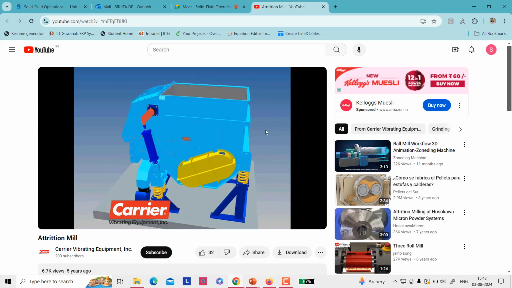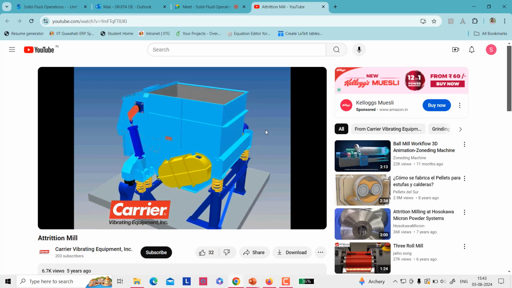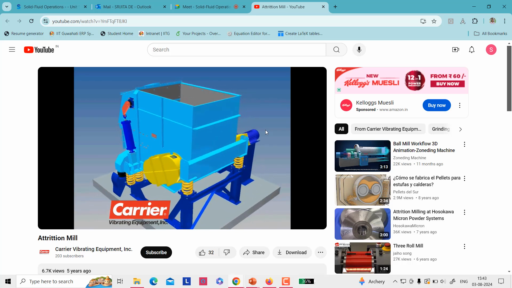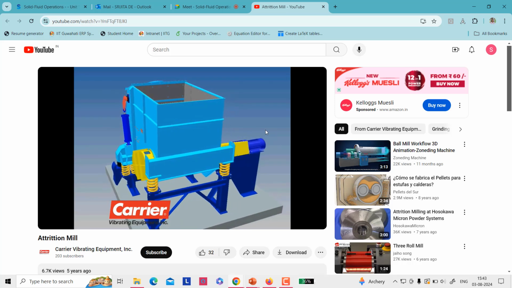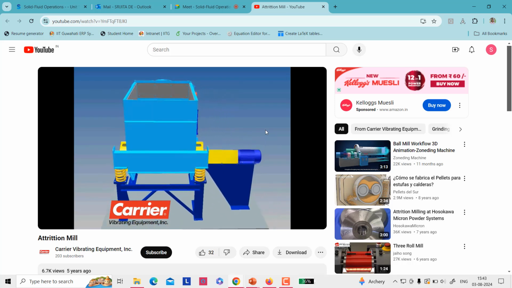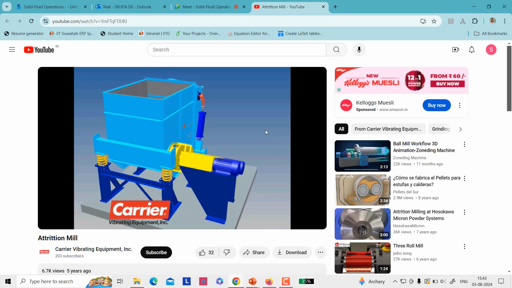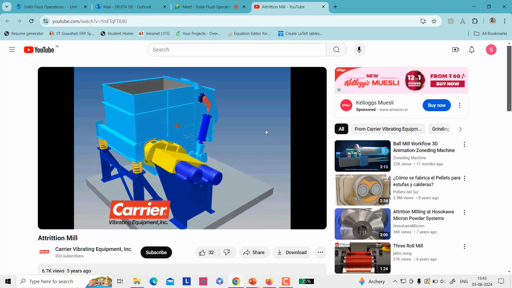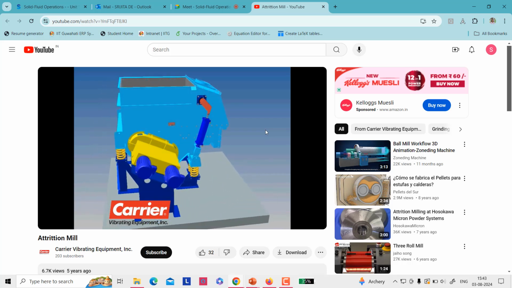So here you can see the attrition mill is always shaking. The whole portion of the mill where the feed will come is continuously shaking.